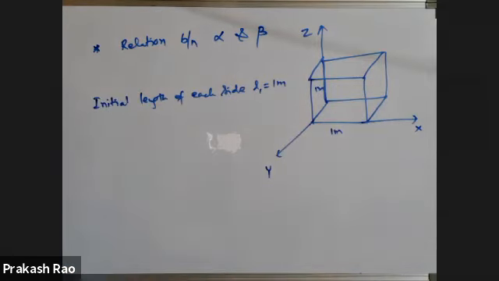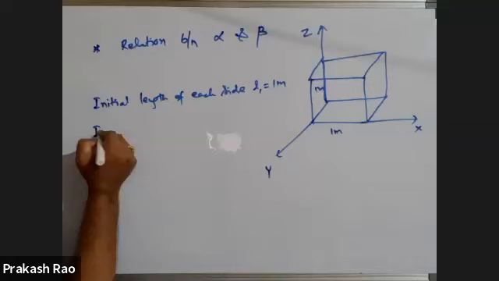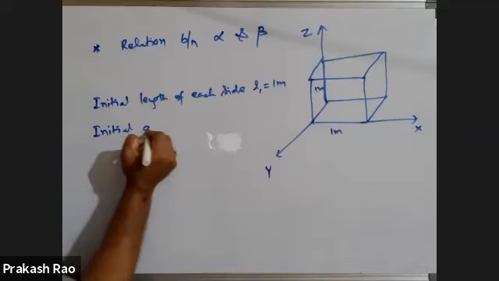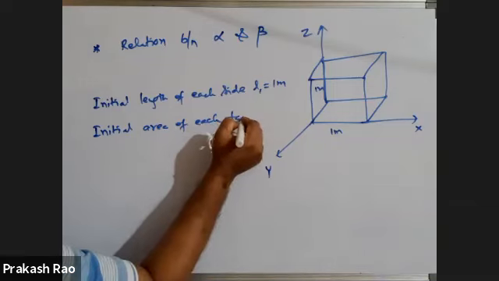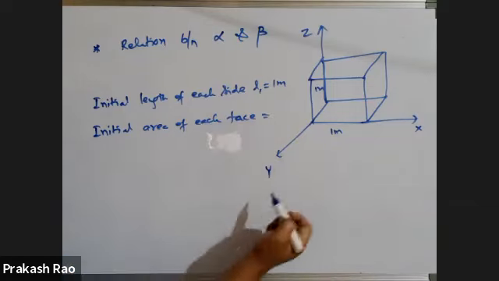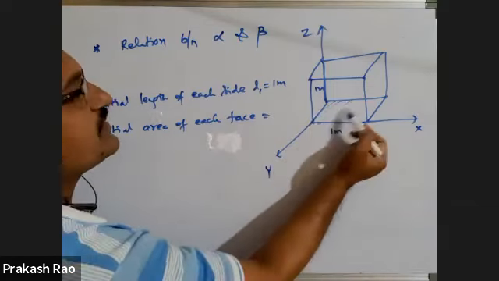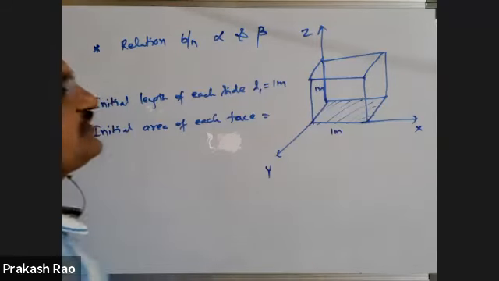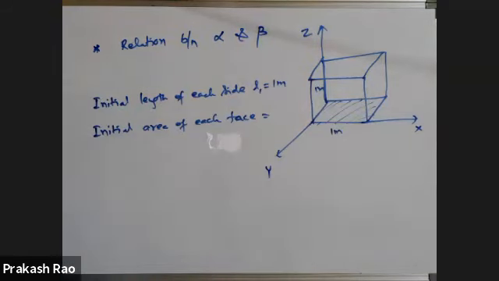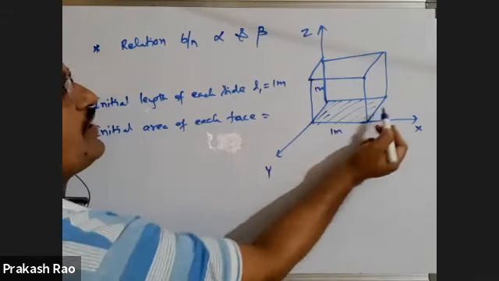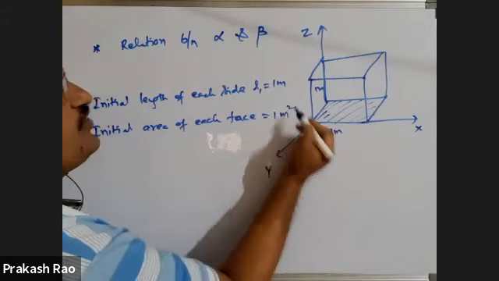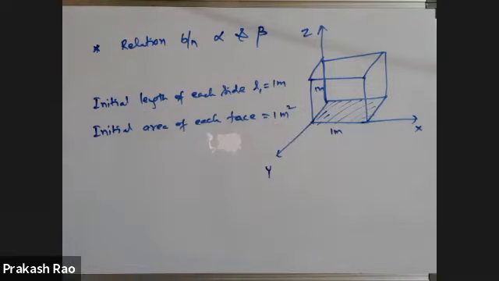Next, the initial area of each face. Area is length into breadth. This is one face; a cube consists of 6 faces. So 1 meter into 1 meter, 1 meter square.